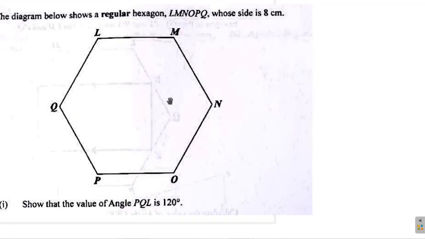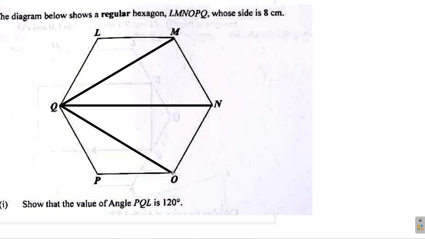Now let's look at this. Starting from one of these vertices, you divide it into triangles. How many triangles do you have? 1, 2, 3, 4 triangles, which is 6 sides minus 2 equals 4 triangles.